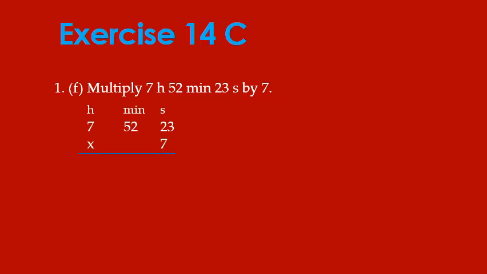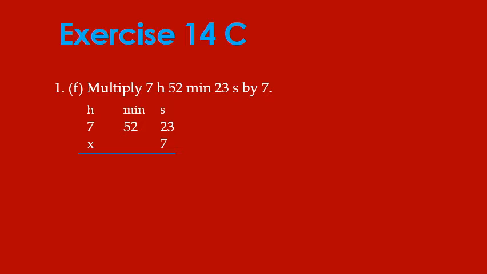So now children, let's come to the next question, which is F part of question number 1. Multiply 7 hours, 52 minutes, 23 seconds by 7. First of all, we will make the columns of hour, minutes and seconds as we have done in the previous question. And now we will multiply hour, minutes and seconds separately.